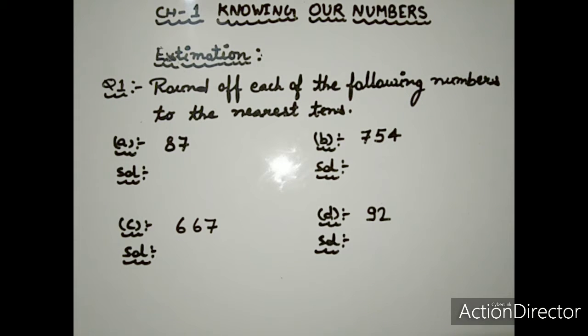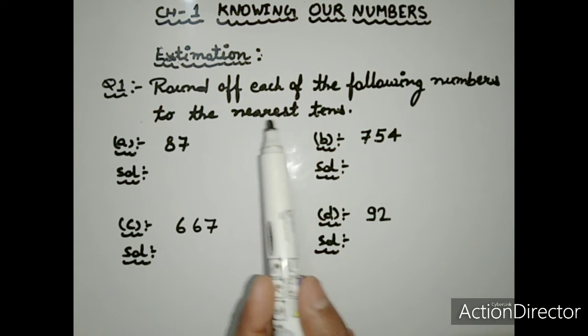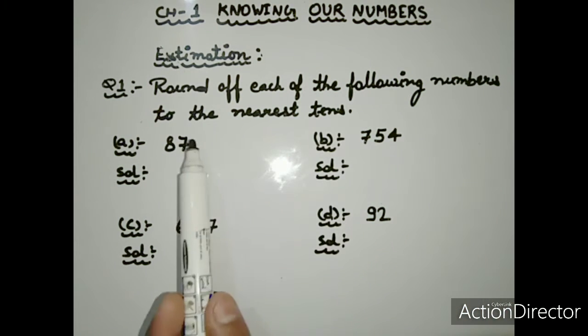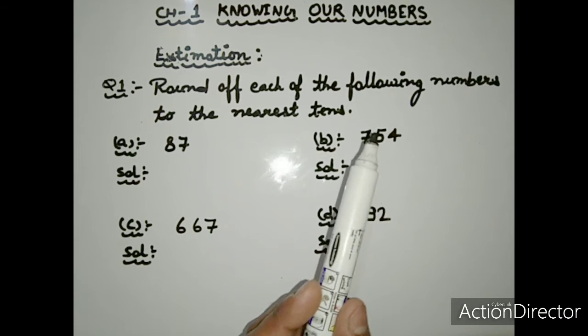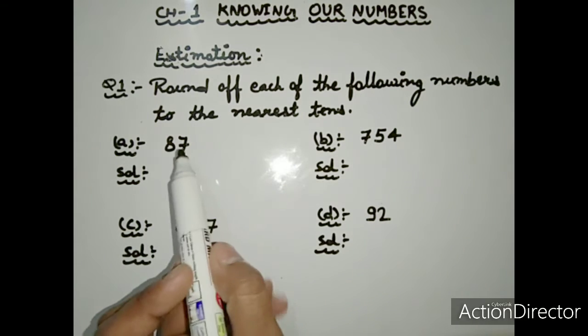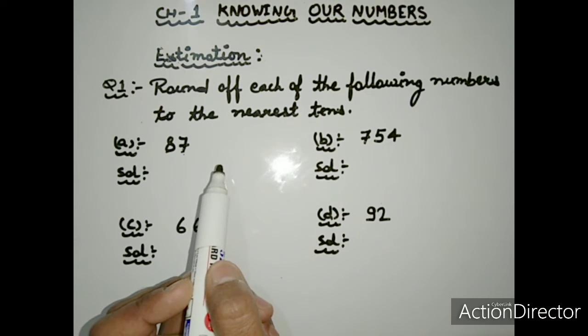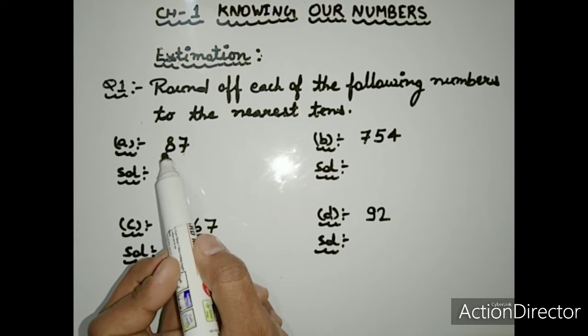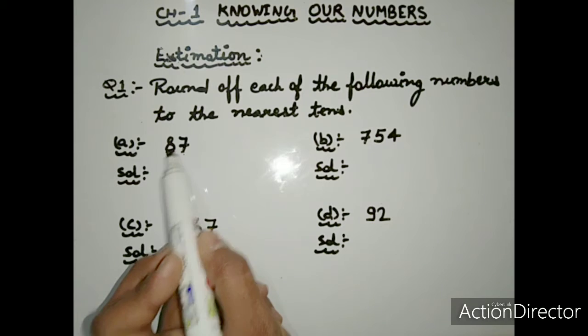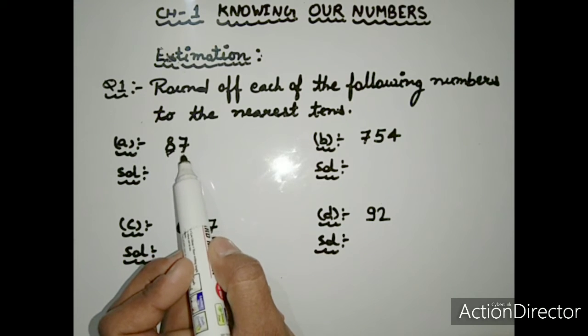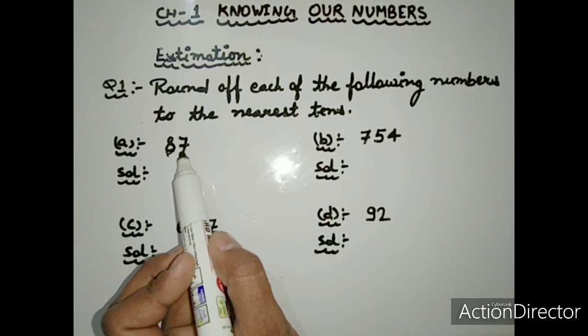Now students, here we will solve some examples related to estimation and rounding to the nearest tens. The question: round off each of the following numbers to the nearest tens. Here there are two digits, ones and tens place. The required place is tens, but we will check the digit in the ones place.